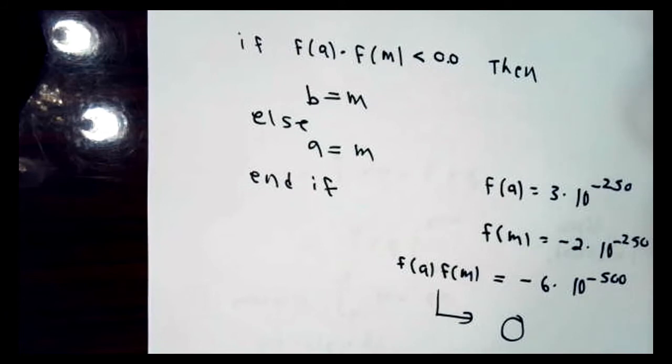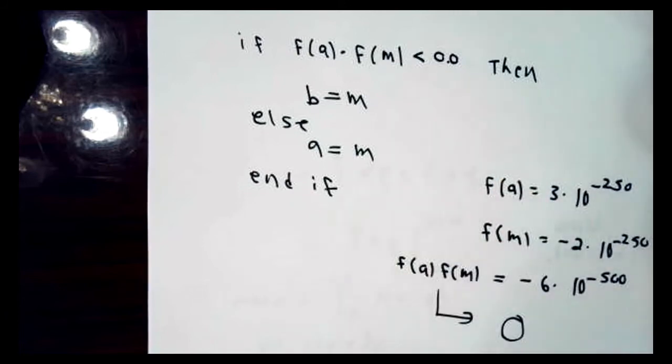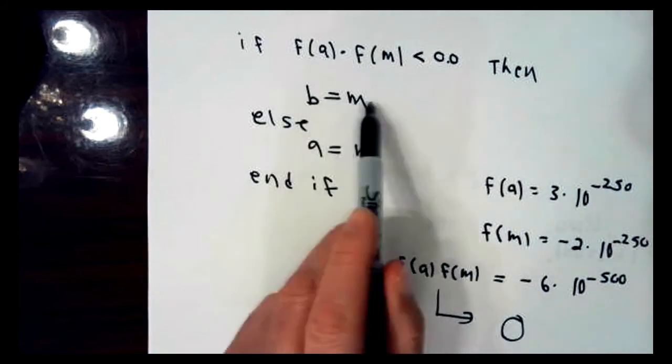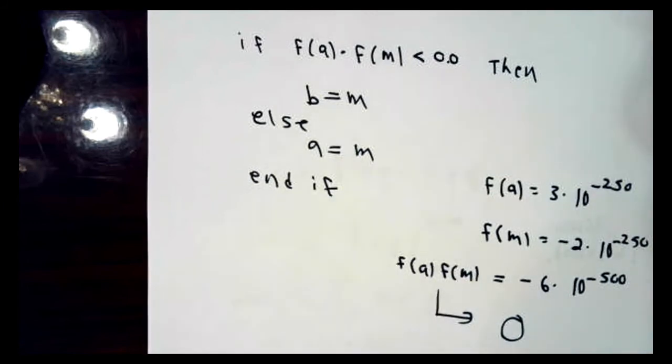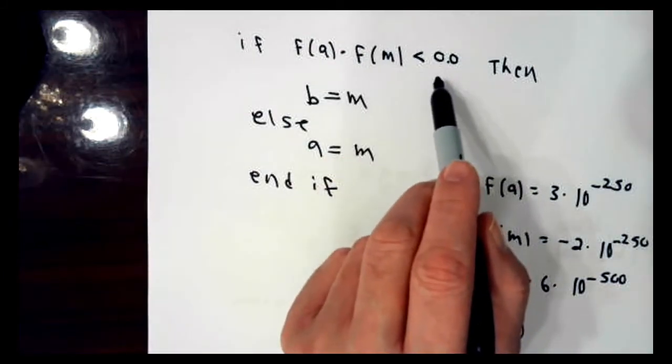And see, now I've got a problem. These function values have opposite signs. So logically, I want this to be executed and not that. But if I do what I've got here, then f of a times f of m gets computed as 0. 0 is not less than 0.